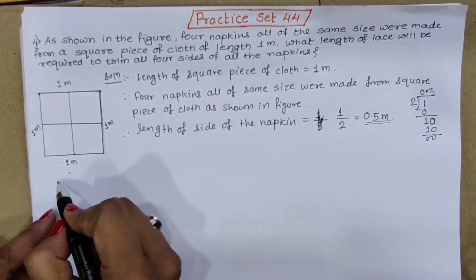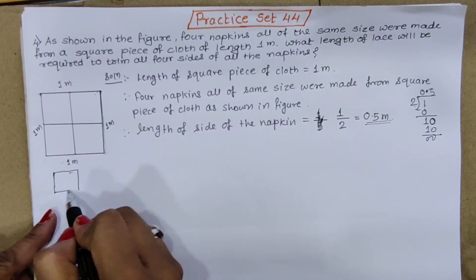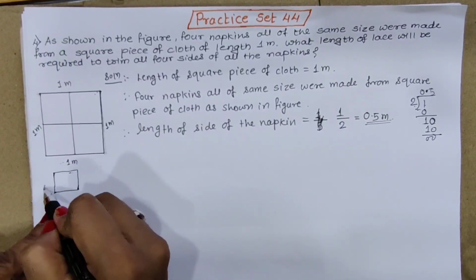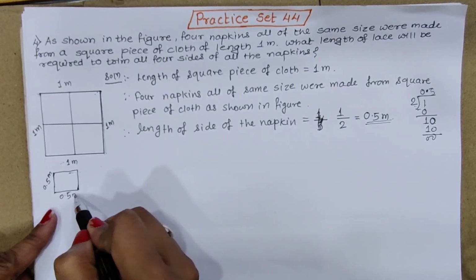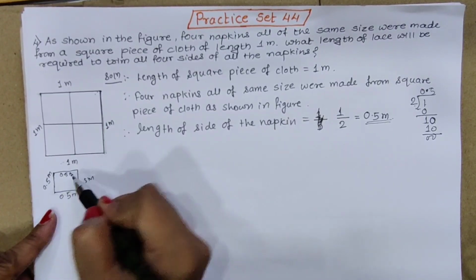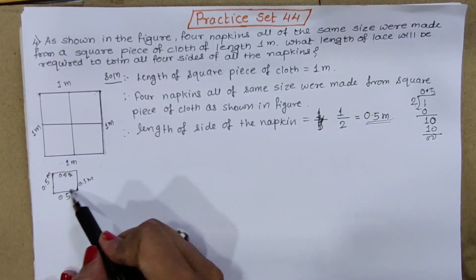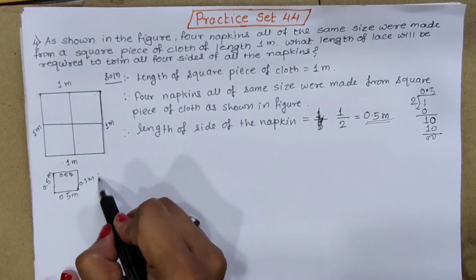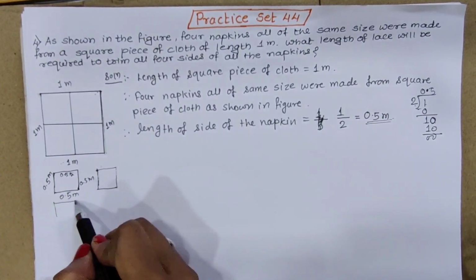So in this way, small napkins of 0.5 meter length are cut from this full square. Now what we have to find out is how much lace is required for all these 4 napkins. We will get 4 napkins of 0.5 meter each.